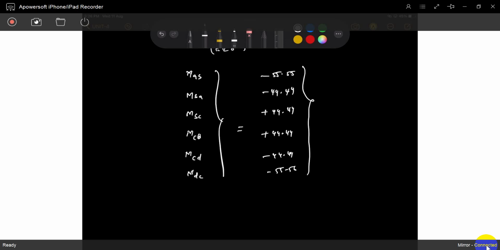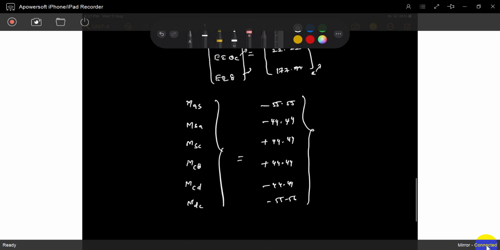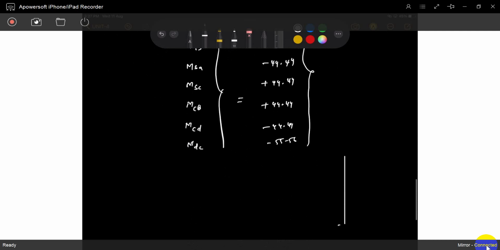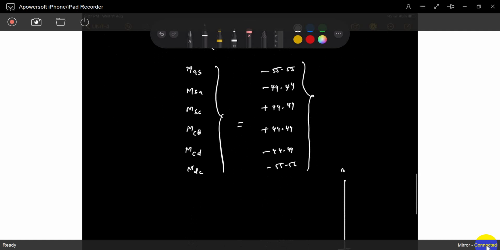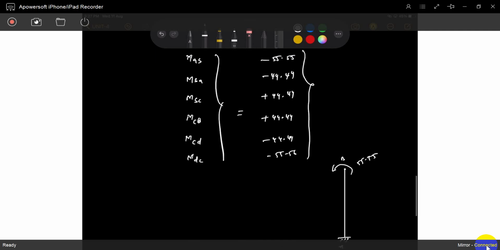Okay, see, so are understood. Otherwise I will give one equilibrium equation. So see, we have a doubt. This is A, this is B. So what is MAB? MAB is in negative direction. It's not clockwise. That is 55. Okay. So what is MBA?